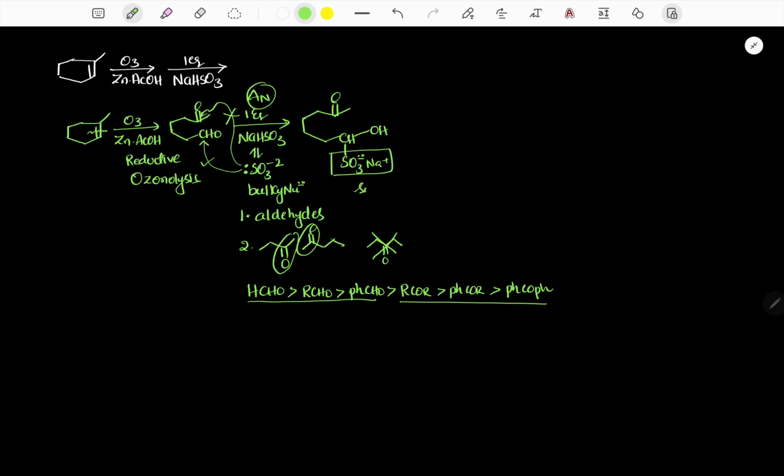Therefore, this type of compounds are soluble in water. So this product has an advantage. That's why aldehydes can be purified with the help of this reagent, and of course methyl ketones also. So these two compounds can be purified from impurities by using this reagent.